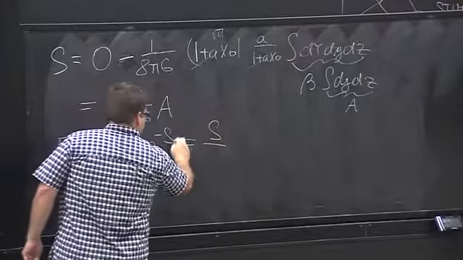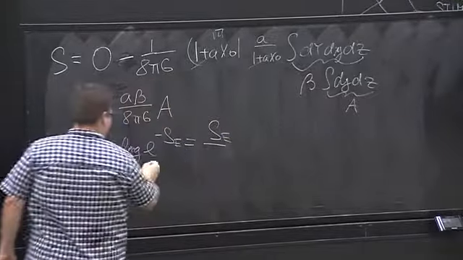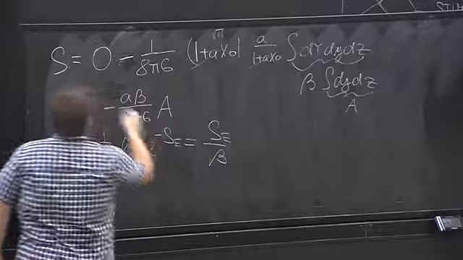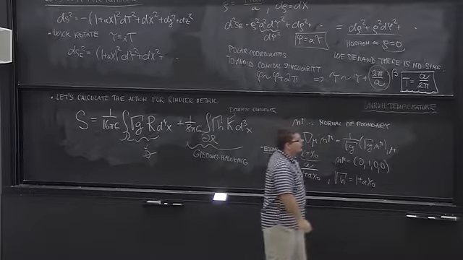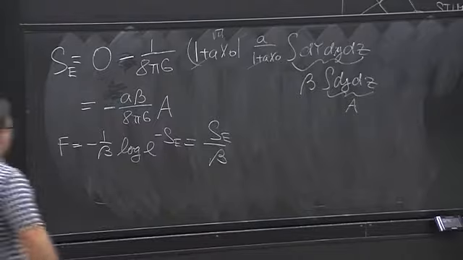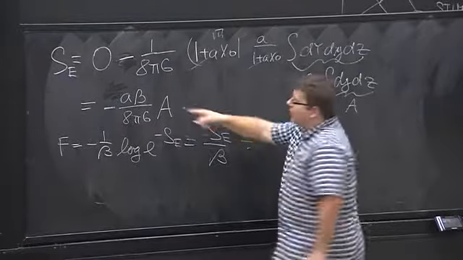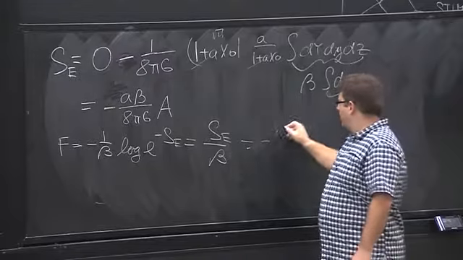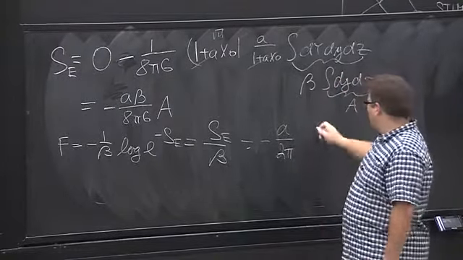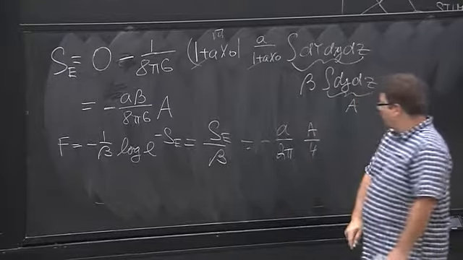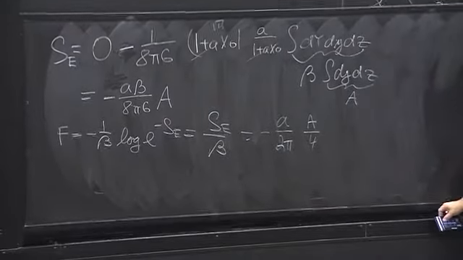Oh no, let's put S Euclidean so that it's not the entropy. S over beta. Okay, so that's equal to, I just divide by beta, so it's minus a over 2 pi, let's set g equal to 1, a over 4. That's the free energy.